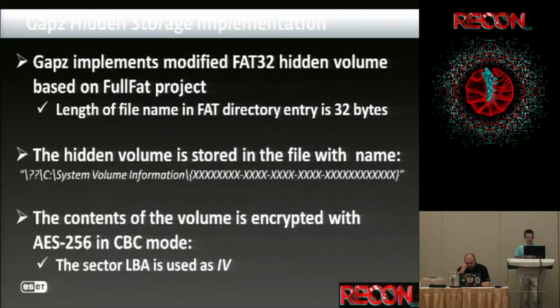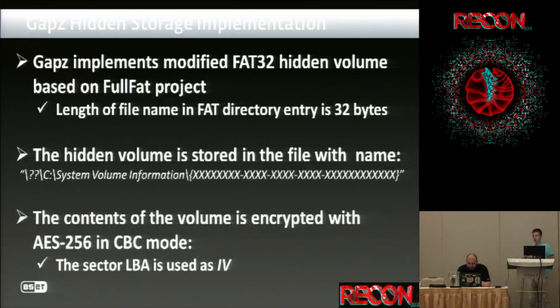The first thing we will start with discussing is the hidden storage implementation. The hidden storage is a FAT32 hidden volume which is based on the source code of the FullFAT project. This is our open source implementation of the FAT file system for embedded devices.